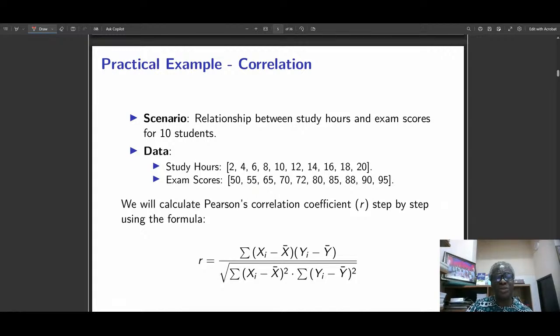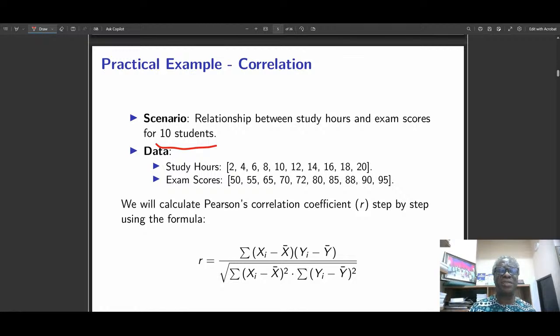To answer that, to establish that relationship, 10 students were observed. The researcher recorded, for each of them, the hours spent studying before the exam, and also the exam scores. The first student spent 2 hours studying and scored 50.